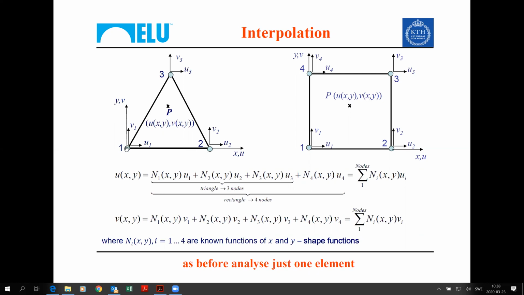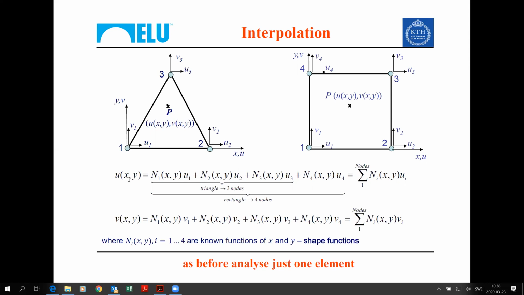For instance, with the origo at node 1, with the x-axis from node 1 to node 2, and the y-axis orthogonal to the x-axis. We do not know in the global system how this element will be oriented.